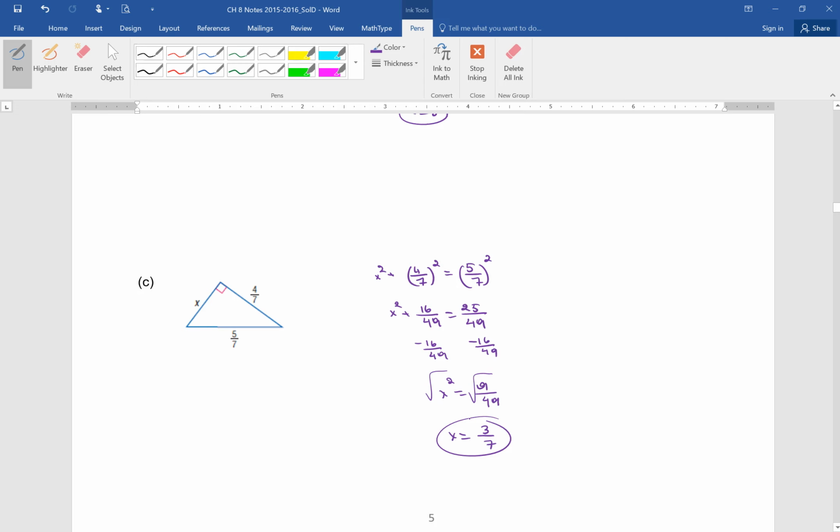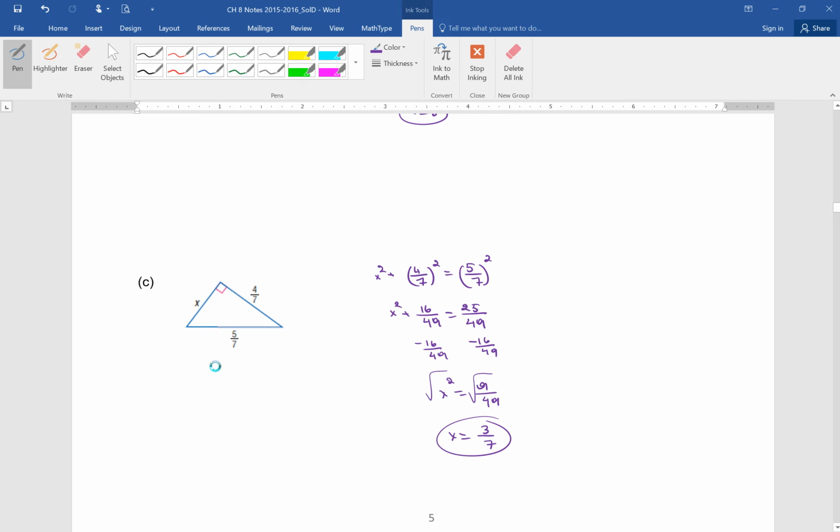All right, now, so what did the Pythagorean theorem tell us? The Pythagorean theorem said if you have a right triangle, so you start out with a right triangle, then if you add up the squares of the legs, it must equal the square of the hypotenuse, right? If you add up the square of the legs, it must add to the square of the longest side. Now, we can go backwards.